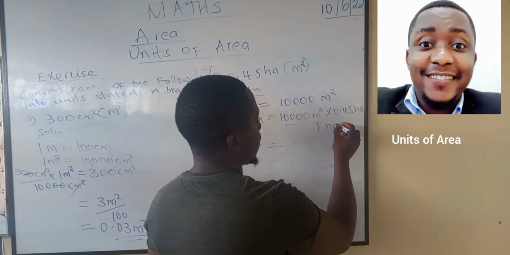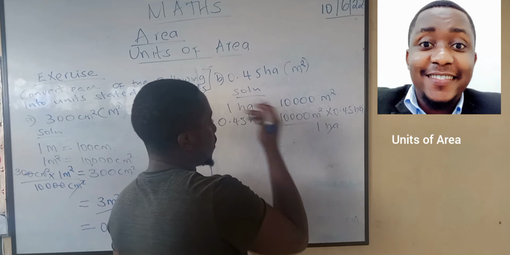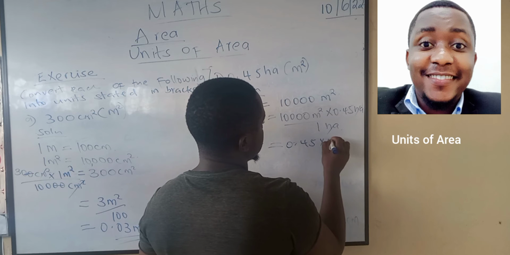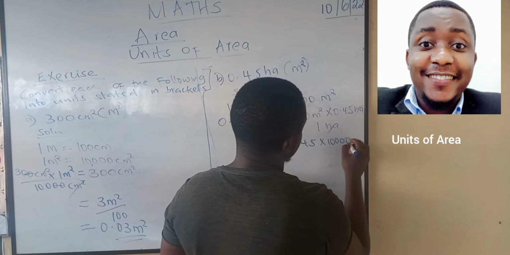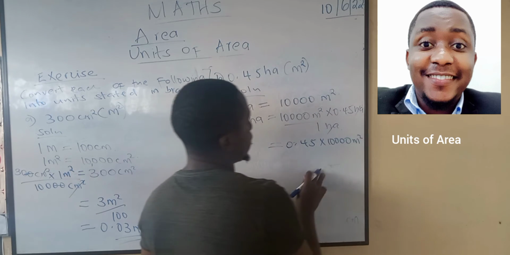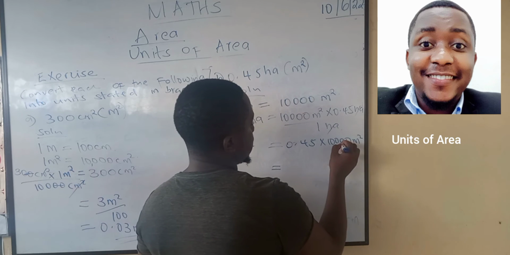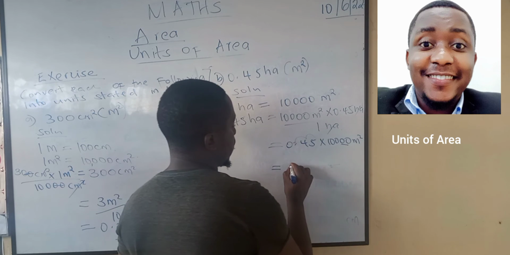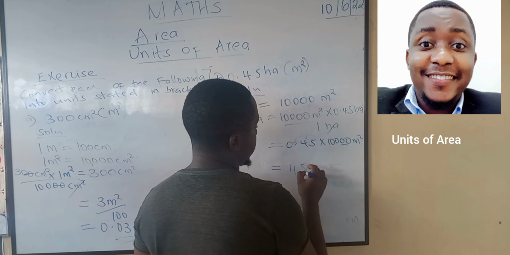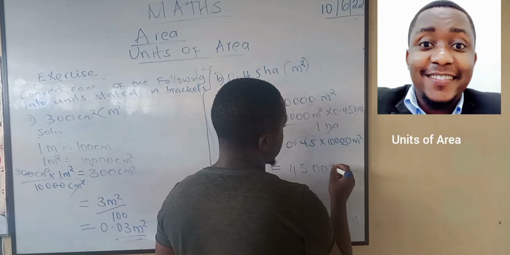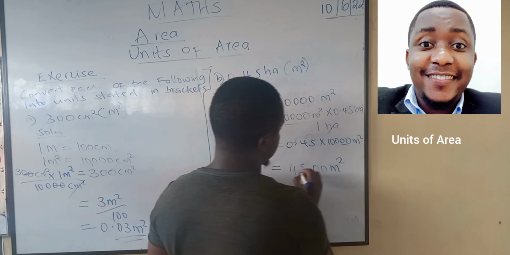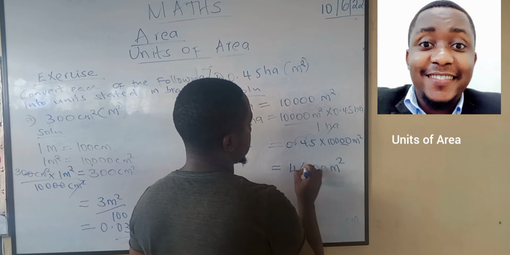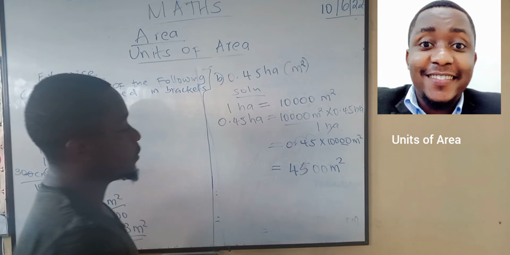Now the hectares will cancel, and we remain with 0.45 times 10,000 meters squared, and the 2 zeros will carry the decimal forward, so we'll have 4,500 meters squared.